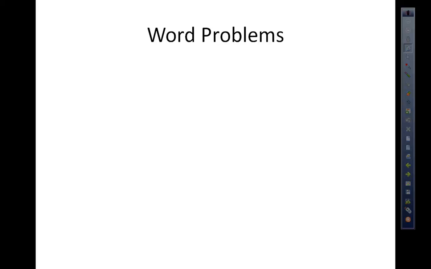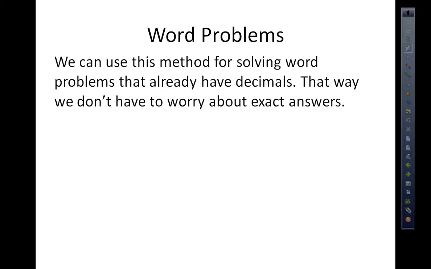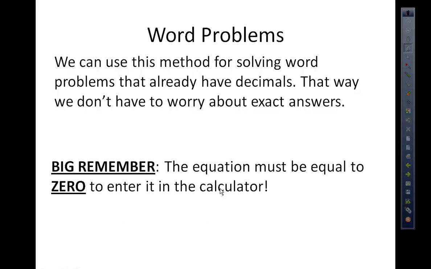If I have to get an exact answer, which we are going to learn how to do this unit, then this is not the method I want to use. But if I'm dealing with word problems where I've already got decimals, I'm already rounding, I might as well use the quickest way where I can also round. So we can use this method for solving word problems that already have decimals. That way we don't have to worry about exact answers.